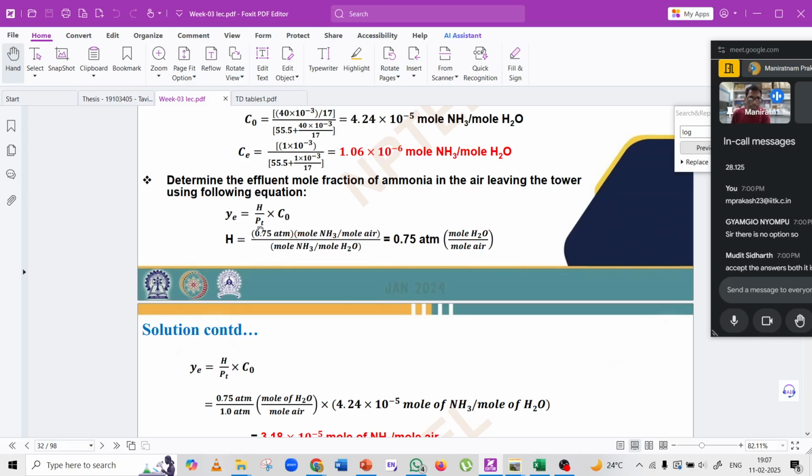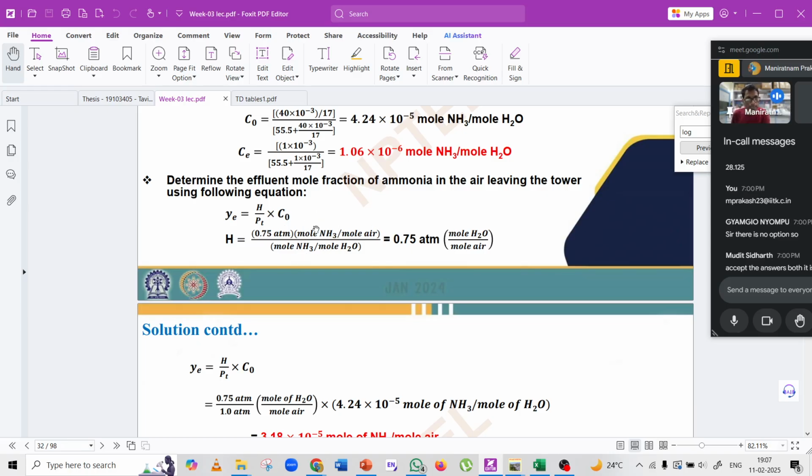Like we are multiplying this Henry constant of 0.75 atm into the molar fraction of ammonia in air, okay na, divided by this concentration in water only.